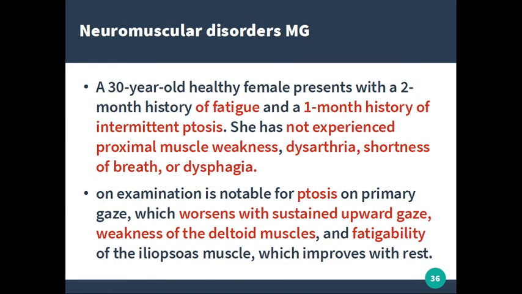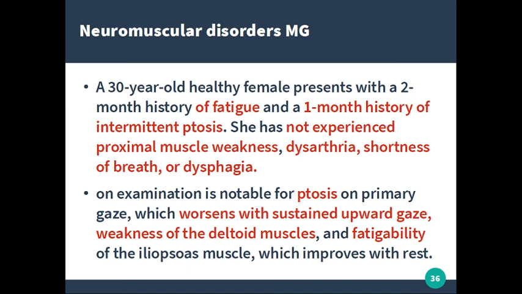So, neuromuscular disorders like Myasthenia gravis. This is an interesting case to try and come up with the most common symptoms presenting in Myasthenia gravis. In this case, we have a 30-year-old healthy female who presents with a 2-month history of fatigue.